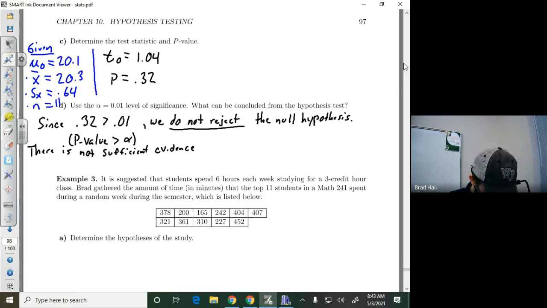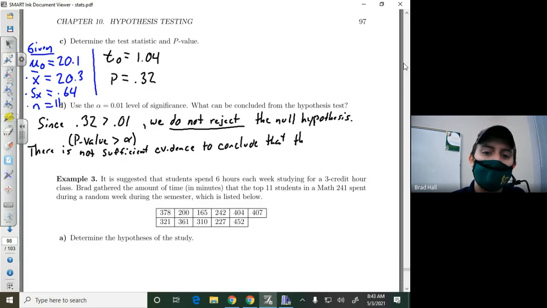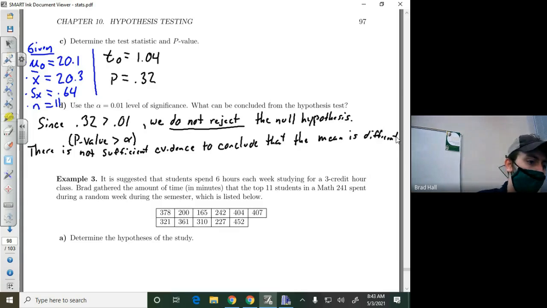There's not sufficient evidence to conclude that the mean is different than 20.1.